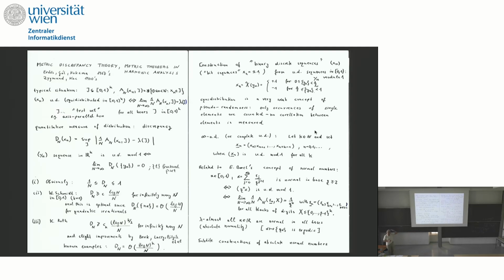You see, uniform distribution is a very, very weak property for measuring pseudo-randomness.